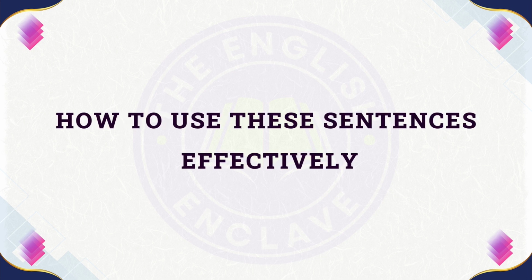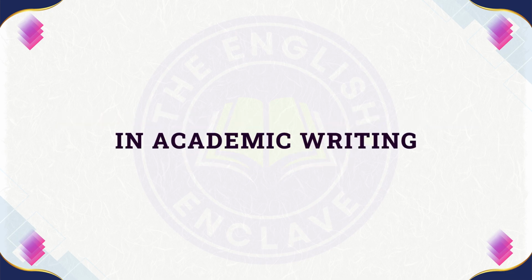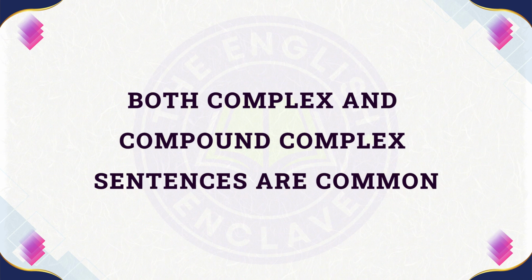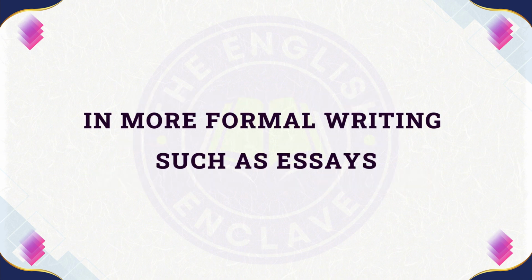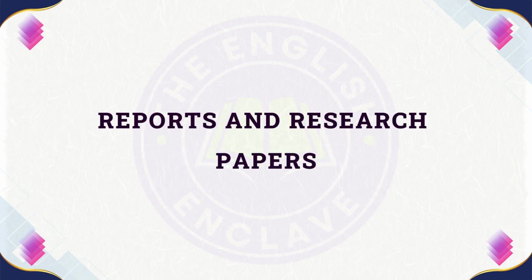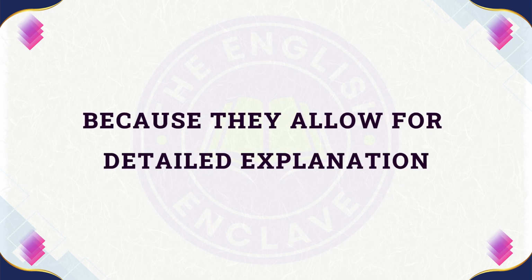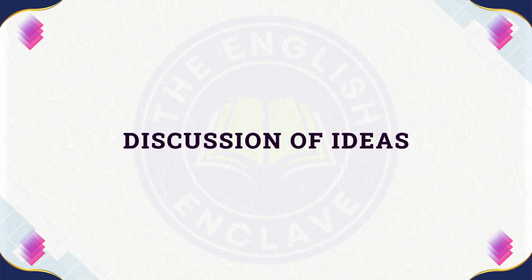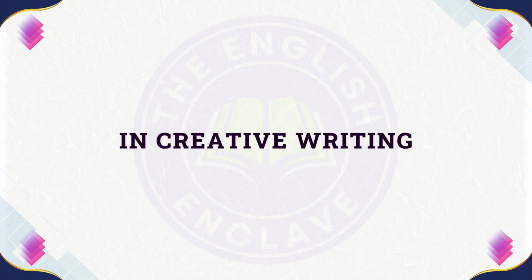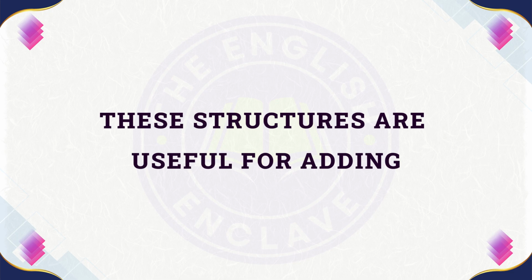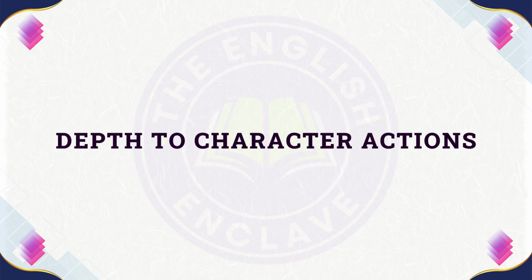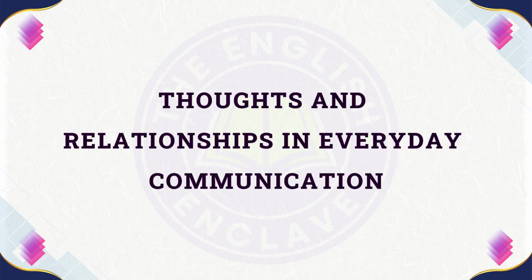How to use these sentences effectively. In academic writing, both complex and compound complex sentences are common in more formal writing, such as essays, reports, and research papers, because they allow for detailed explanation and discussion of ideas. In creative writing, these structures are useful for adding depth to character actions, thoughts, and relationships.